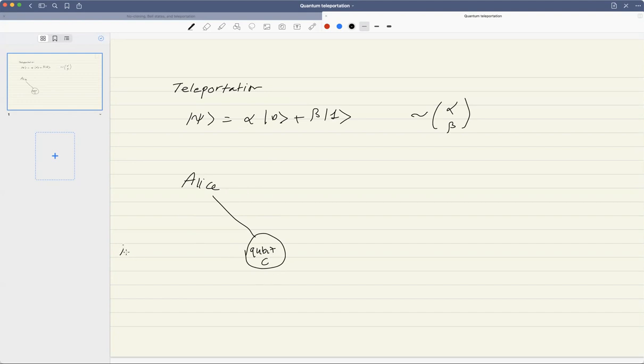So initially, the state of qubit C is psi C is equal to alpha 0 C plus beta 1 C.